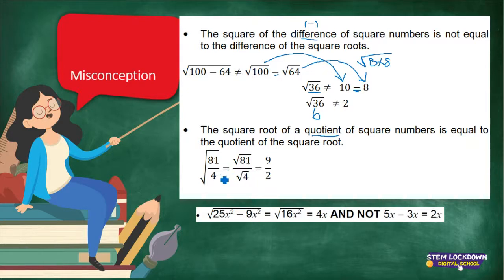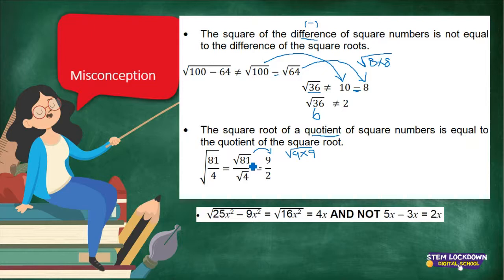Let us prove that. The square root of 81 divided by the square root of 4. The square root of 81 can be written as 9. Remember, 9 times 9 is 81.